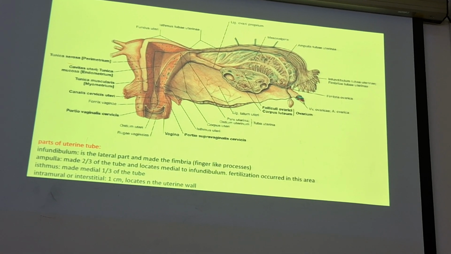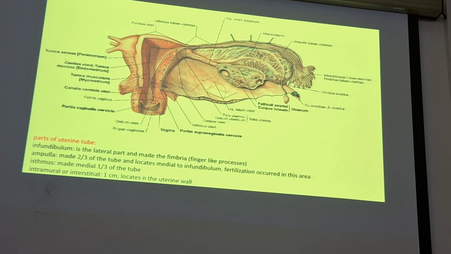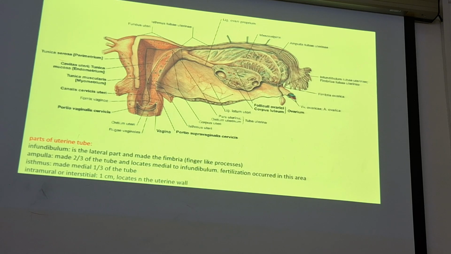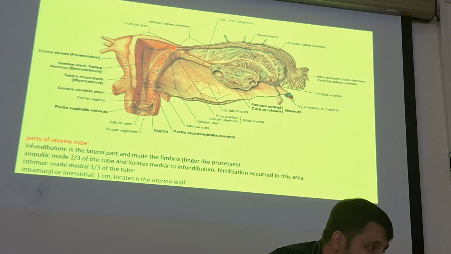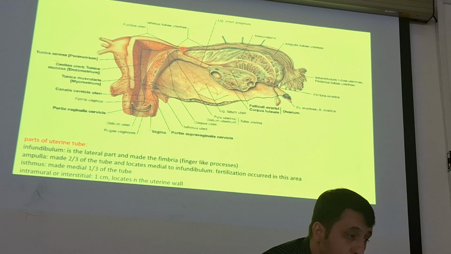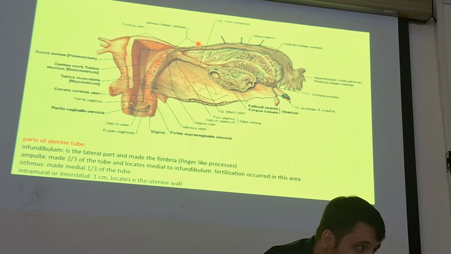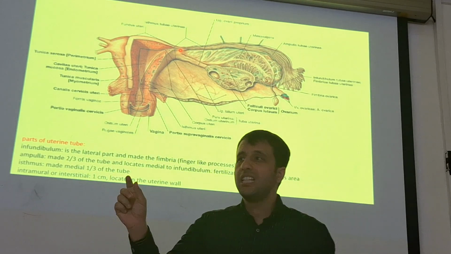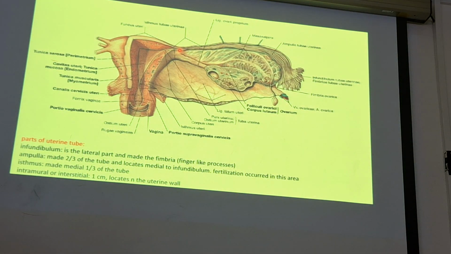The first part, located in the depths of the muscular layer of the uterus, is named the intramural part. After the intramural part, we have the isthmus, the medial one third of the uterine tube.